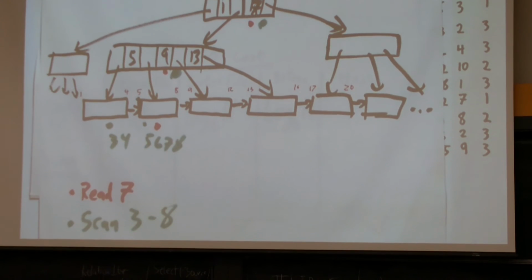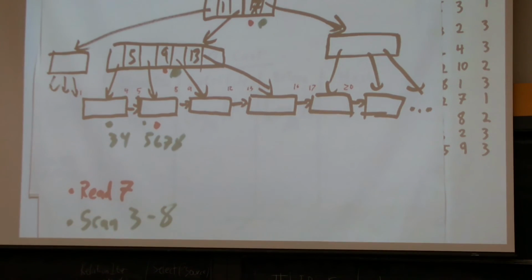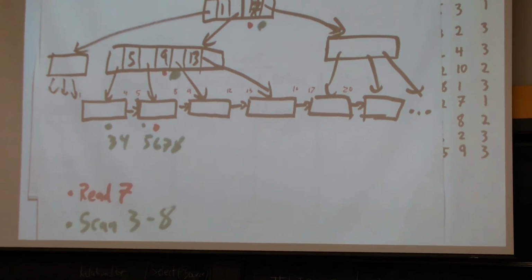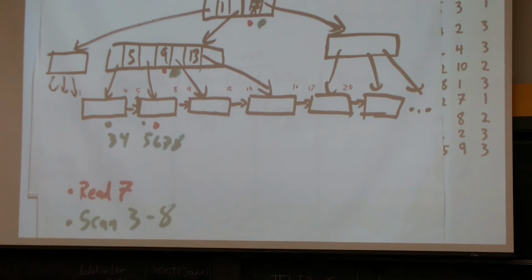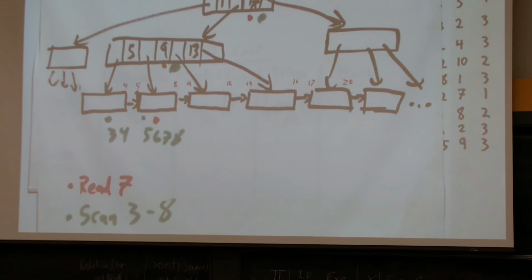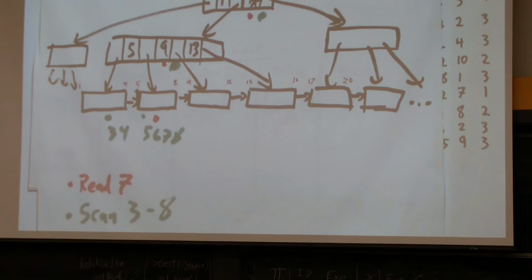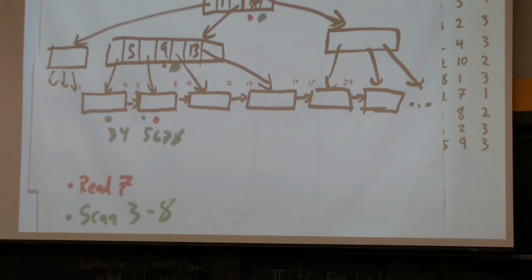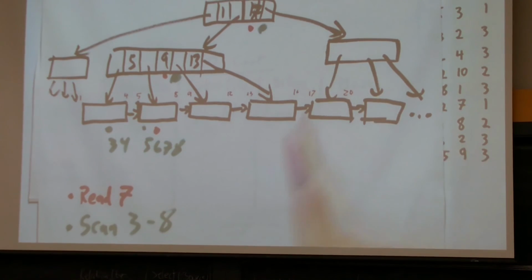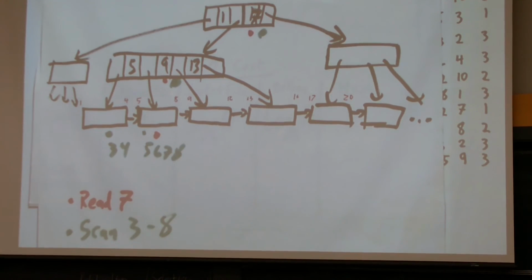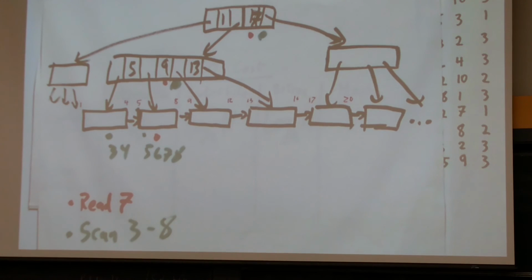So any suggestions on how to account for this? There's some weirdness here. In other words, I don't exactly agree with 2 log base k of n. Can we do better? Yeah? Log k plus the number of pages. Okay, so I don't actually need to find the endpoints manually because as I keep scanning records, I'm eventually going to hit the end.